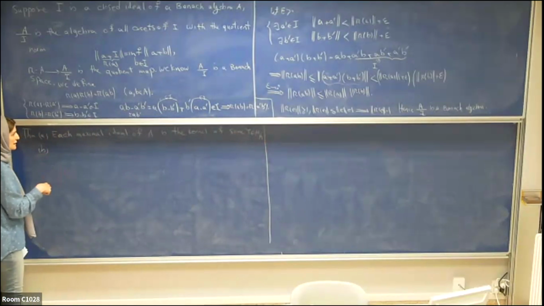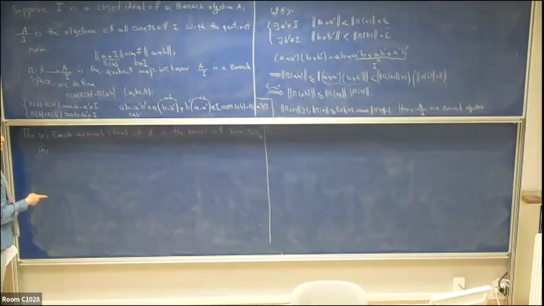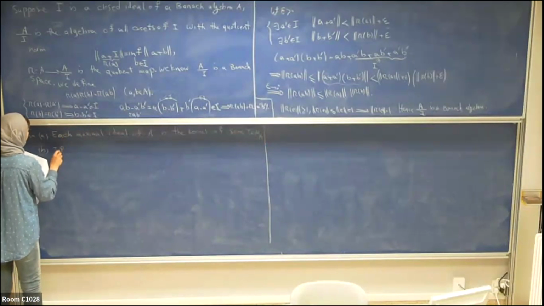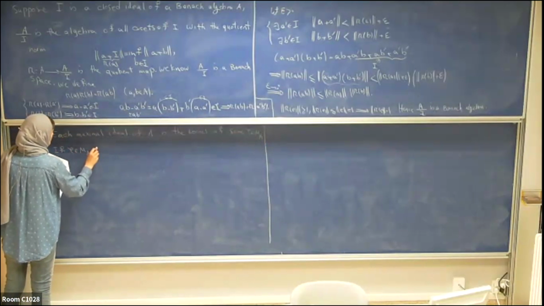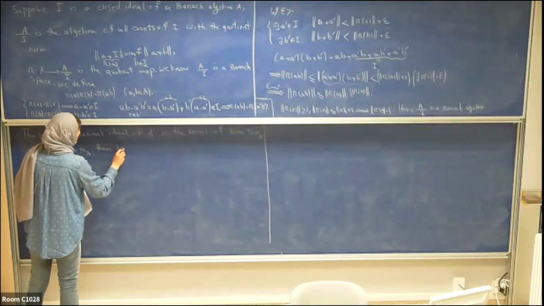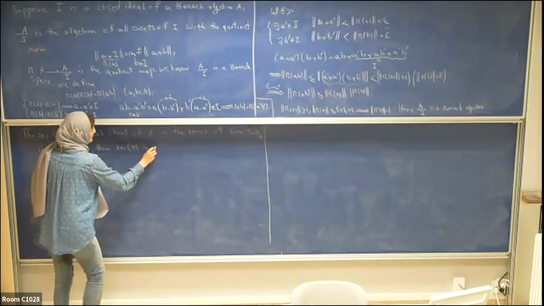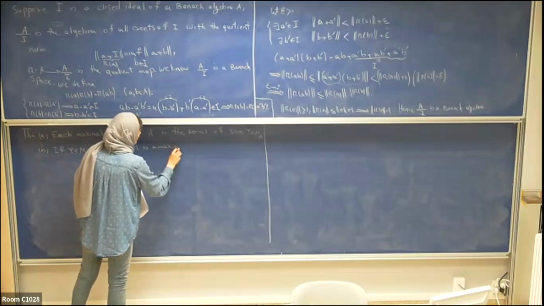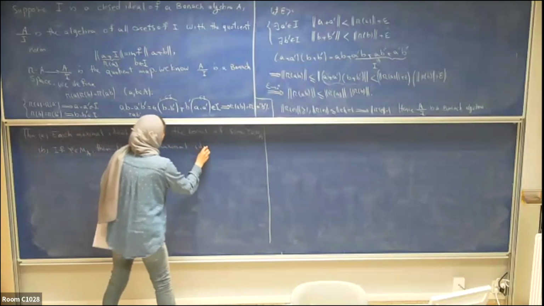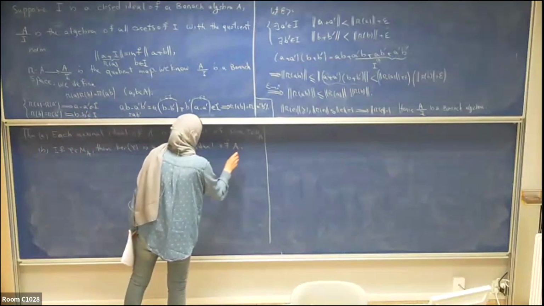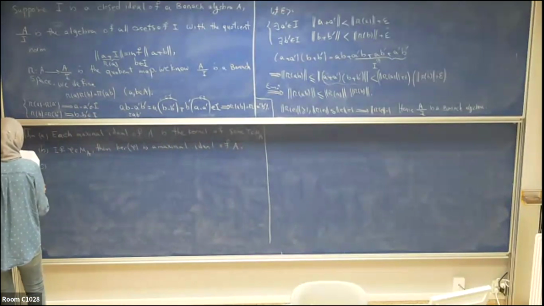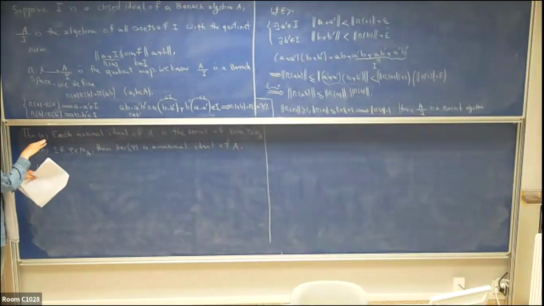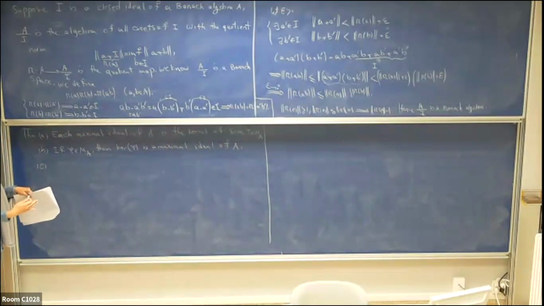And the second part shows that the converse is also true. The kernel of each homomorphism is a maximal ideal of A. If B is in M of A, then the kernel of B is a maximal ideal of A. And the third part says that it makes the bijection I told you, but the other parts give more information concerning invertibility of elements.